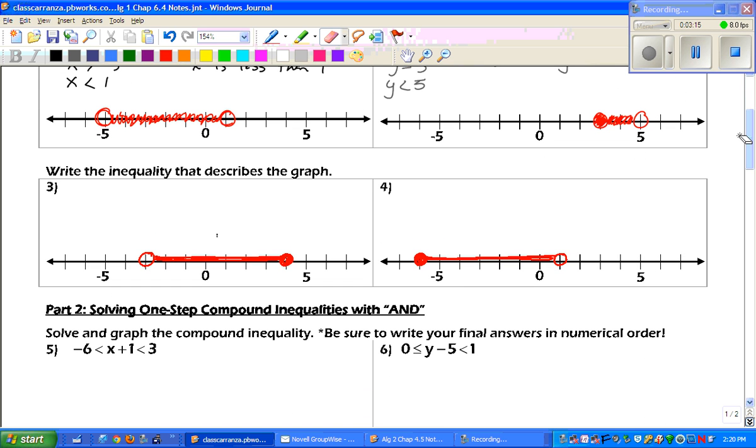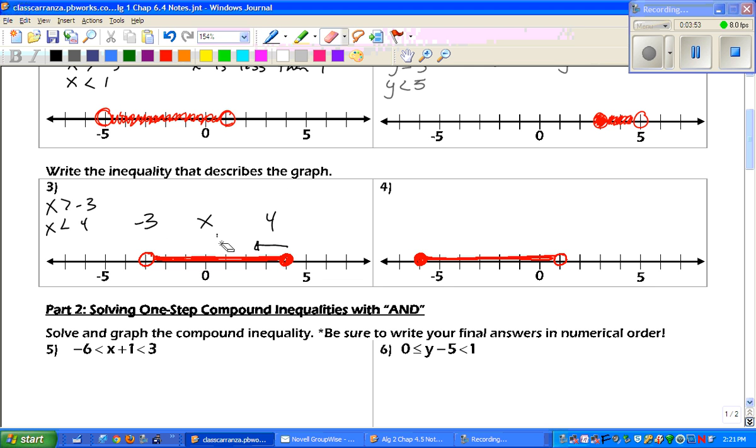All right, for this one, we have to write the inequality. So the first thing that we're going to do is write the numbers. We're at -3. We need an x, and then we need a 4. So here we're open. So x and -3, x and 4. So x is greater, because it's going this direction, greater than -3, but it's less than 4.